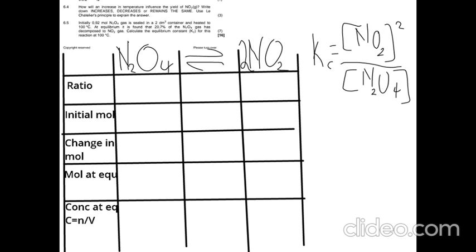So initially we've got about 0.92 moles of dinitrogen tetroxide. And we also know that in this case, only one molecule of dinitrogen tetroxide has decomposed. So on our ratio, we're going to write 1.